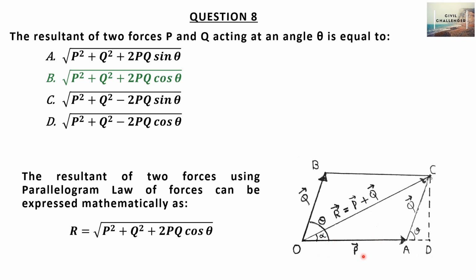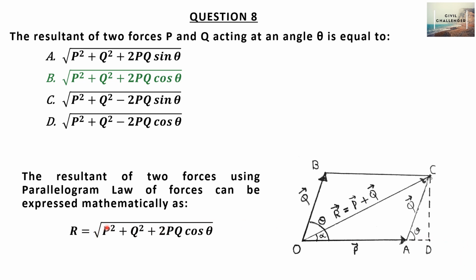OA is equal to P. Then from this small triangle ACD, we can find that AD is equal to Q cos theta. So the base is equal to P plus Q cos theta and the height will be Q sin theta. So the hypotenuse is equal to the square root of (P plus Q cos theta) squared, plus (Q sin theta) squared.